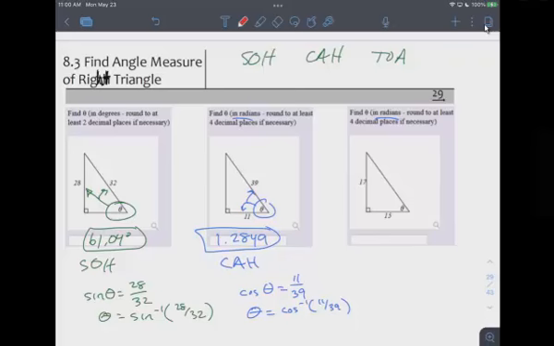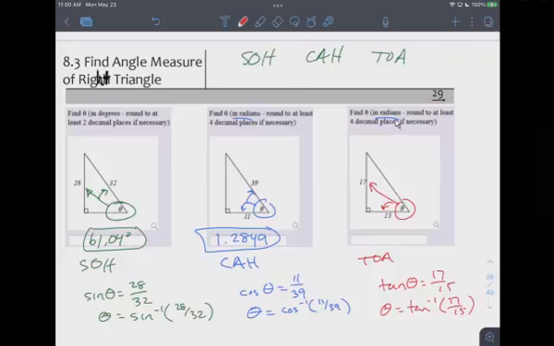Okay, the final problem here, with respect to my known angle, I have an opposite and an adjacent. Which trig ratio relates opposite and adjacent? TOA, tangent. So the tan of theta is equal to 17 over 15, which means I can calculate my angle by taking the inverse tan of that ratio.